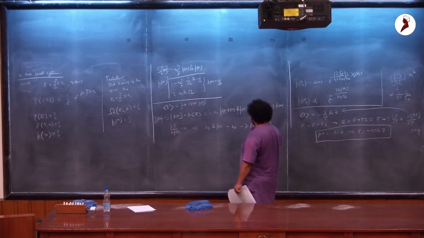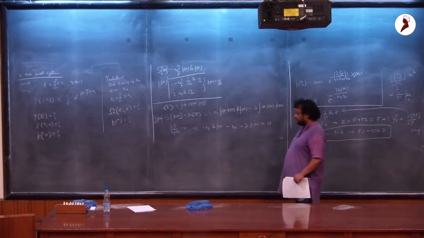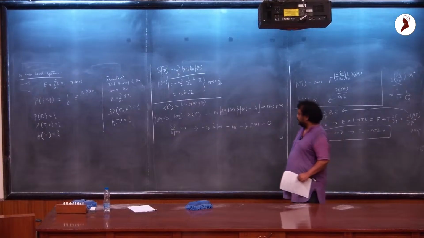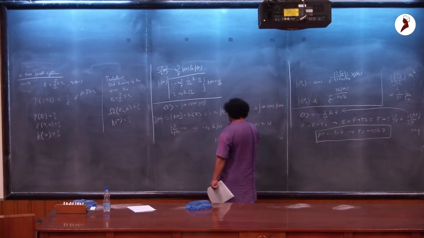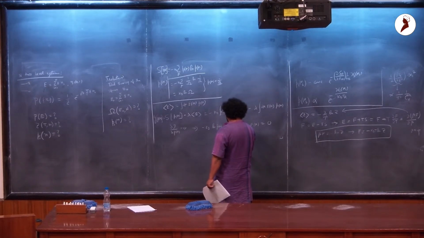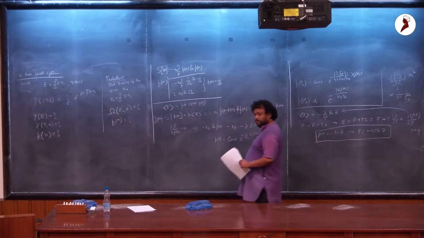I made some mistake, there is a minus sign, right? So what we get is p_mu is some constant times e to the power minus lambda by k_B E_mu, right?